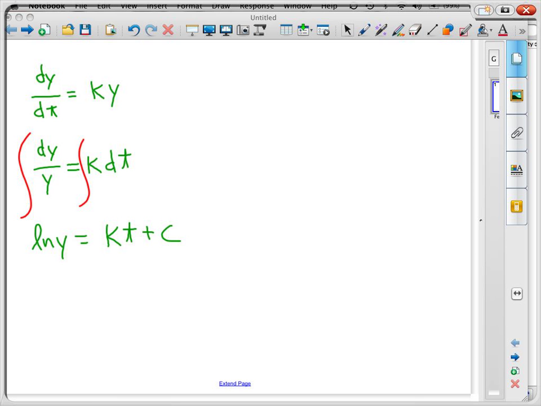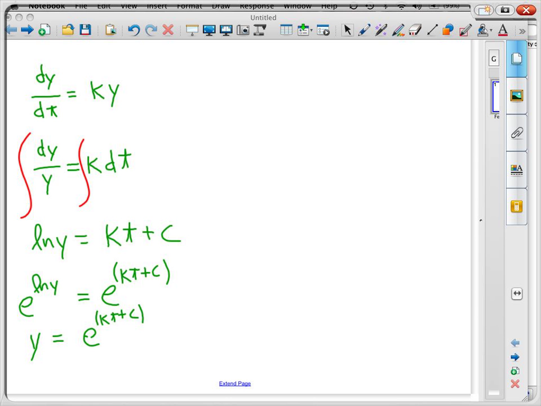Now, as you remember, to get rid of the natural log function, I would make each side a power of e. So remember that right there, which gives me that y is equal to e to the kt plus c.